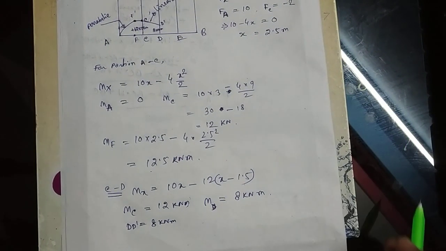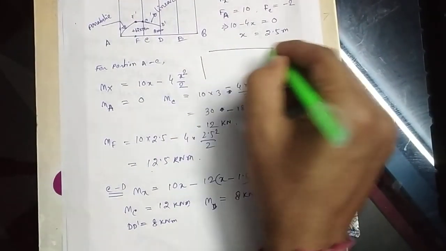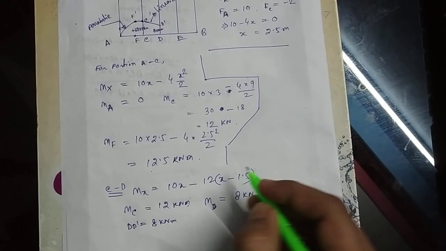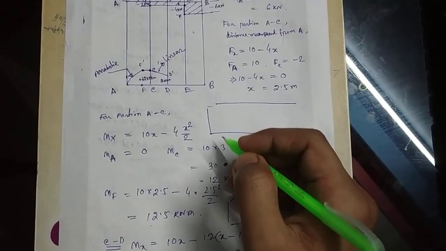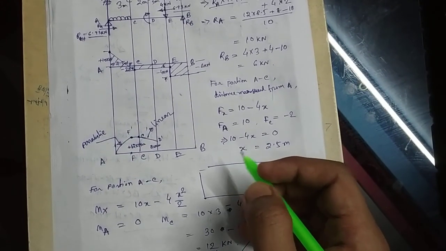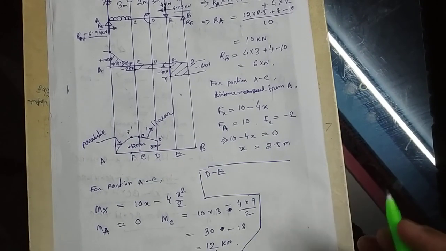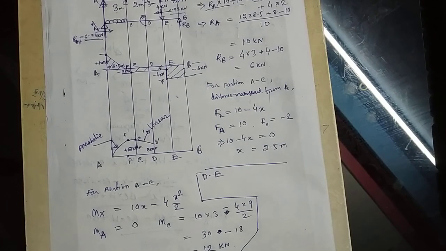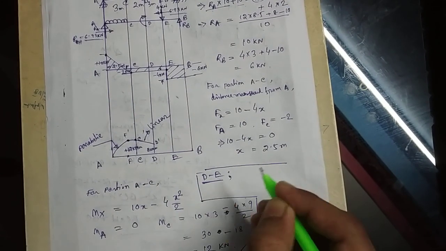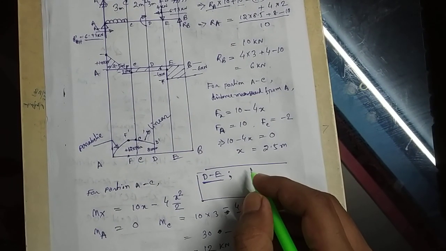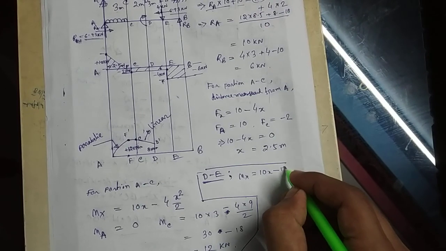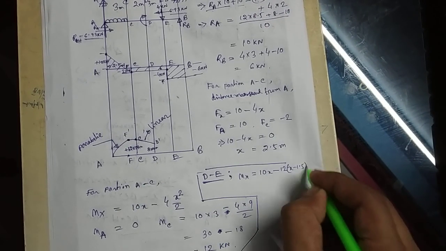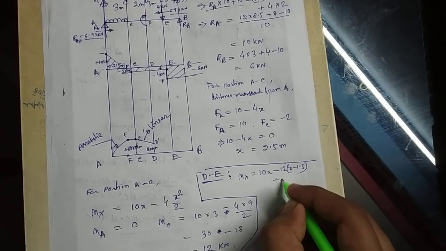Now we will go for D to E. From portion D to E, if a section XX is taken at a distance of x from A, then Mx will be equal to 10x minus 12 into x minus 1.5 plus 10.